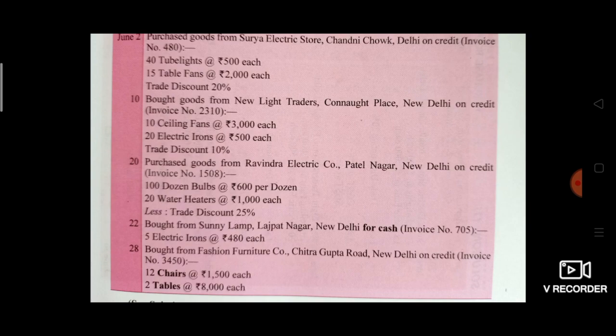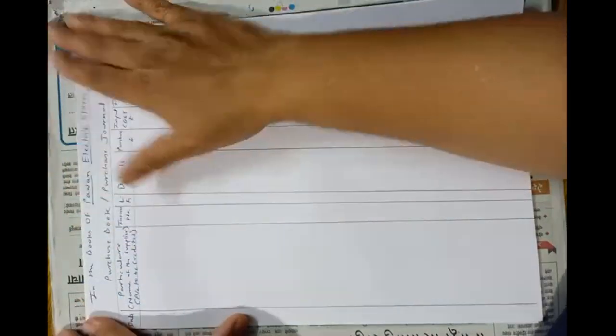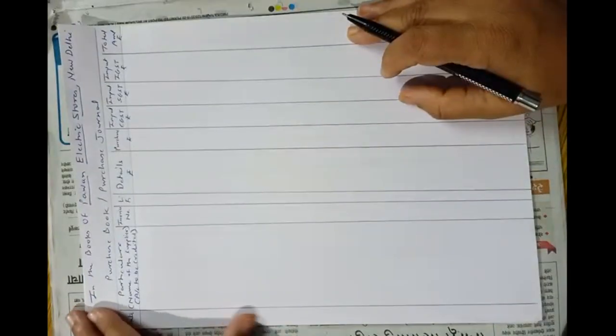Entry of 22nd is cash transaction and entry of 28th is purchase of furniture on credit. So we will skip these two entries from entering into purchase book. So we will now prepare purchase book of Pawan Electric Stores.